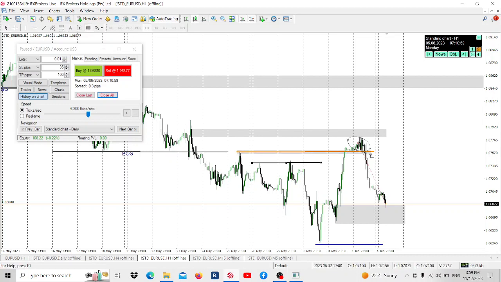This zone. This high was violated by this. This high is violated, right?